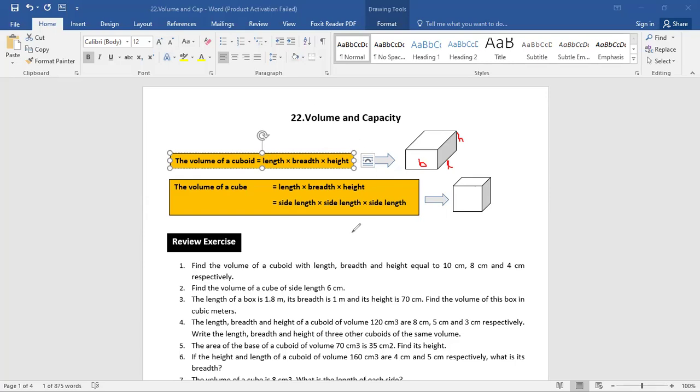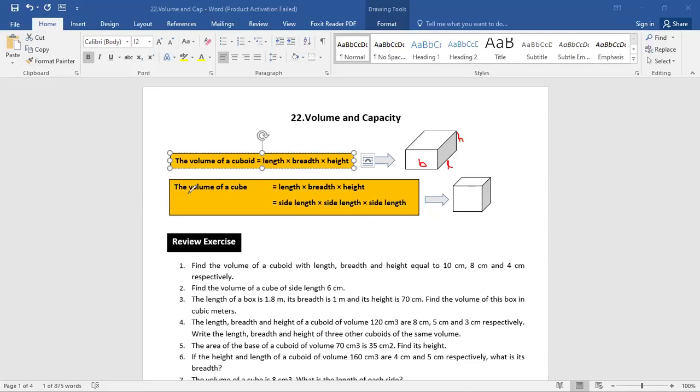This is for a cuboid: length, breadth, height. You have to multiply these three things together if you want to obtain the volume of a cuboid. Same thing you have to do for a cube also.